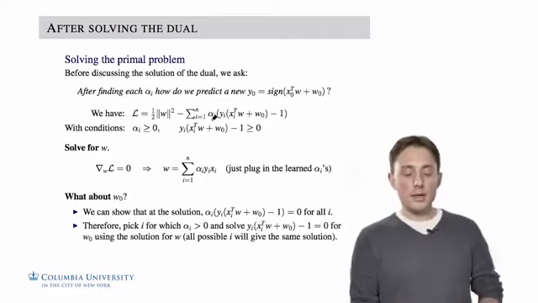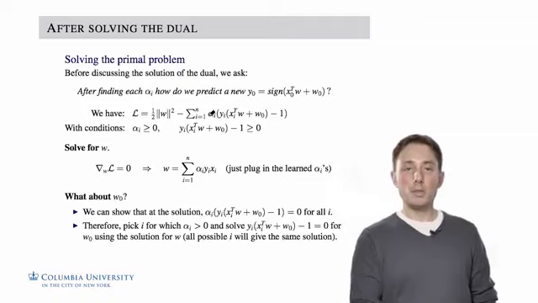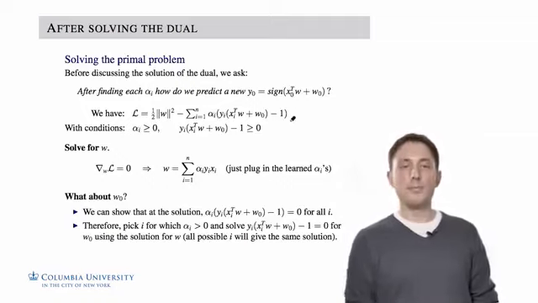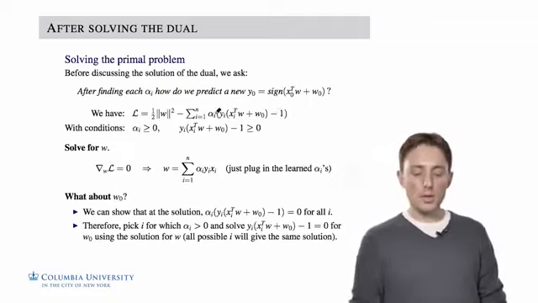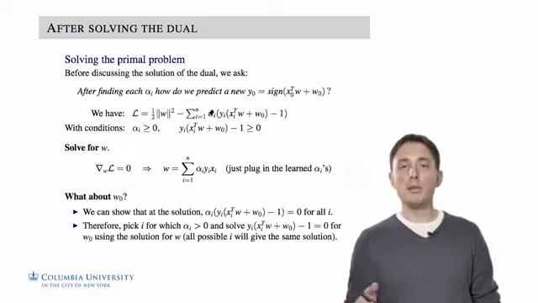Right? Similarly, if this alpha i is not equal to 0, if it's positive, that means that this term has to be equal to 0. So these two terms are kind of conflicting with each other. They can't both be positive. If one of them is positive, the other is 0.